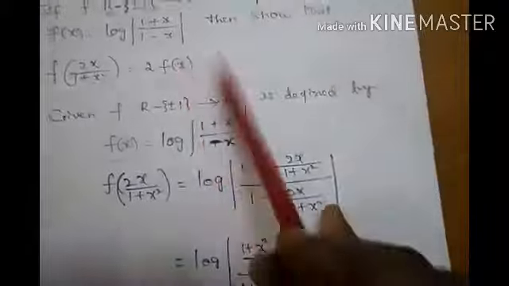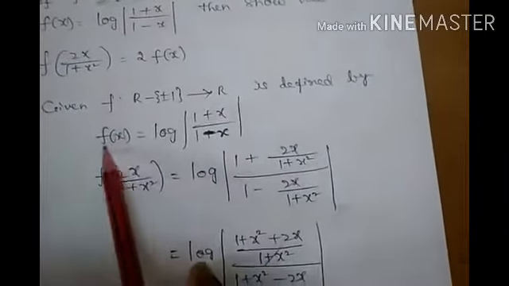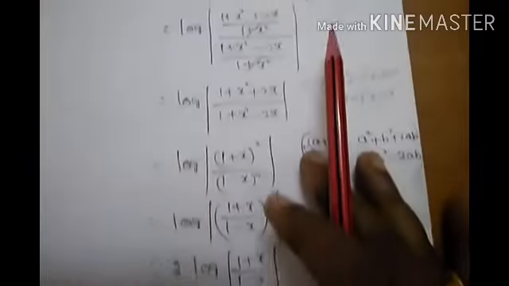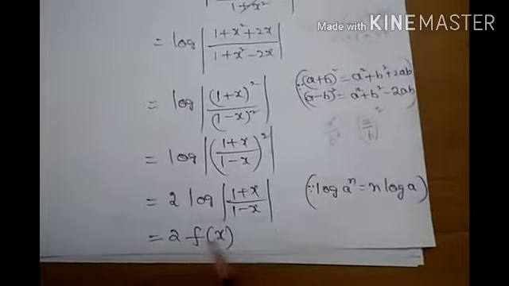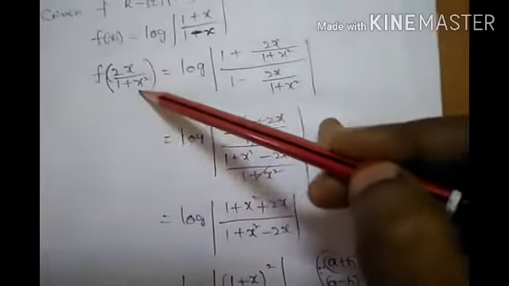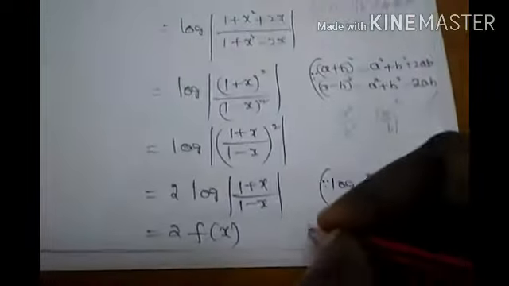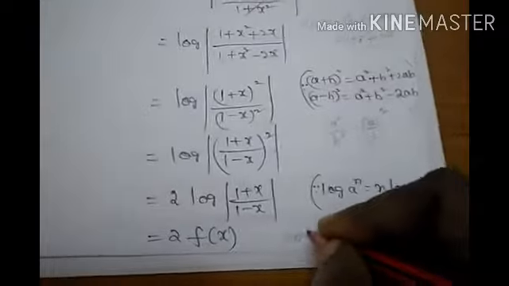It means f of x. So now you can write 2 into f of x. Hence the problem. You got f of 2x by 1 plus x square equal to 2 into f of x. Hence proved.